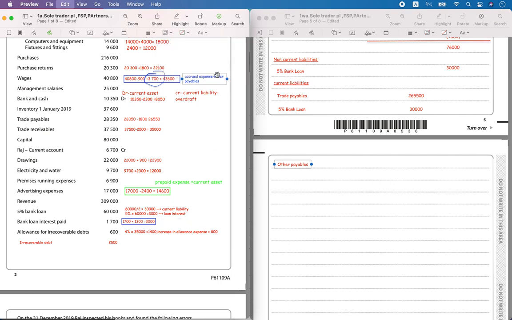So let's add up these two and write. Let's write 26,550 plus 30,000 plus other payables. When I add up 3,700 plus 1,300, it is going to be equal to 5,000.